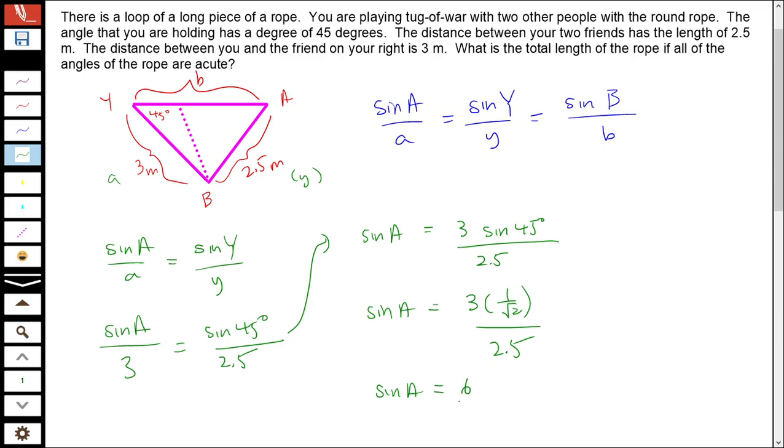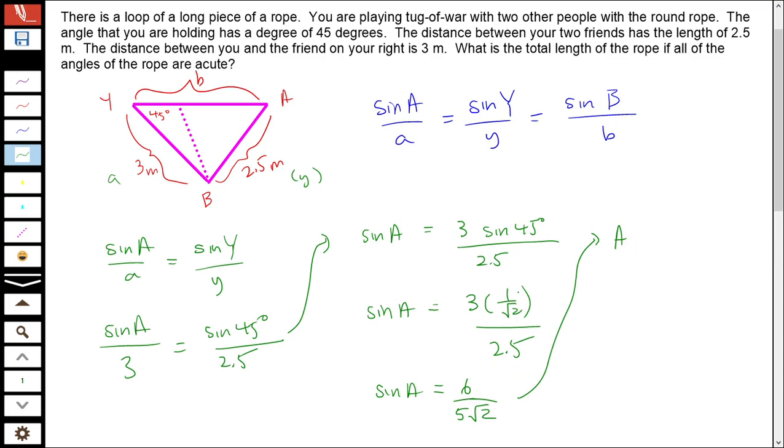So it's going to be 6 over 5 root 2. This one, I'm actually just going to calculate the estimated version because we can't really do much with this one. Because when we solve for the angle A, this is obviously not going to be 30, 45, or 60. So I'm just going to get the estimated value for A.